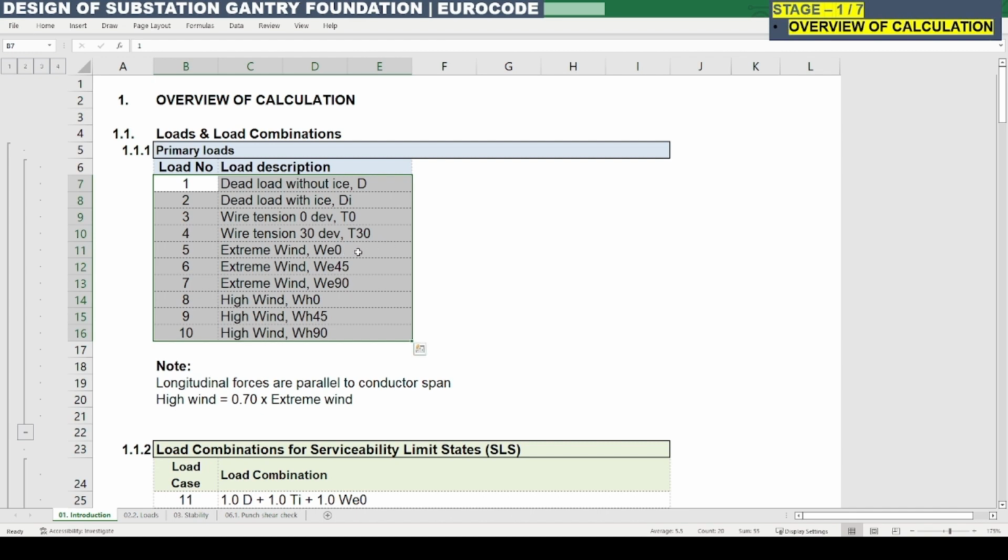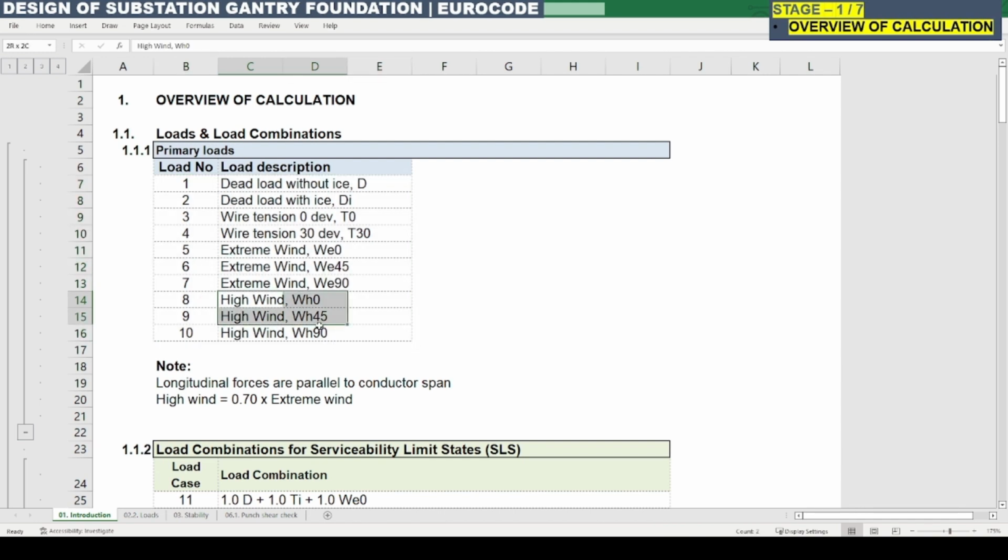Extreme wind is WE, we can consider WE0. Extreme wind at 45 degree, that is oblique diagonal wind, is WE45. Extreme wind WE90 is a perpendicular wind to the conductor span.